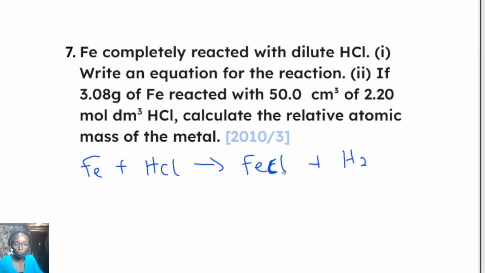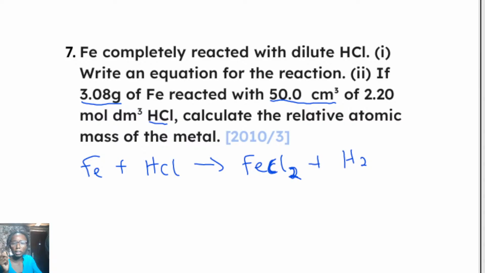Now it's going to be iron chloride and iron 2 chloride like this. Because the next question is asking us for some stoichiometry calculations: if 3.0 grams of iron is reacted with 5.0 cm cube of 2.20 mole per dm cube of hydrochloric acid, it's asking us to find the relative atomic mass.